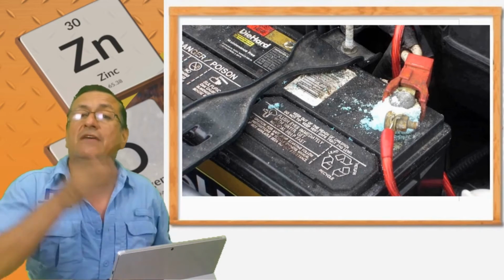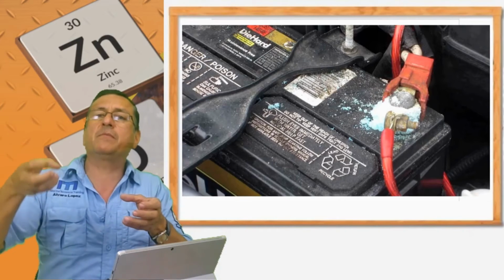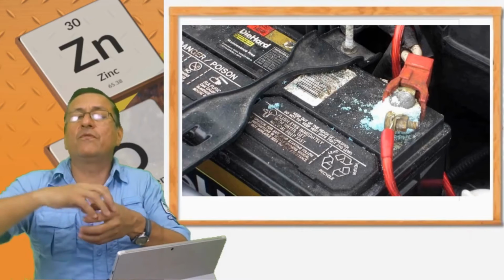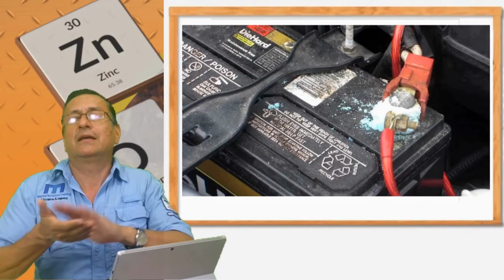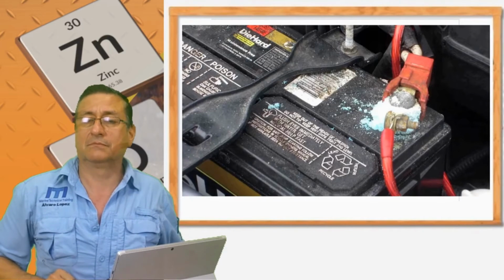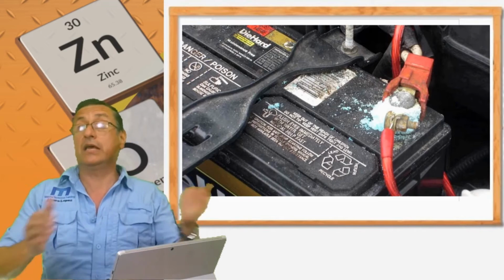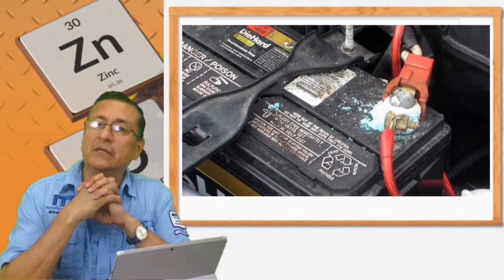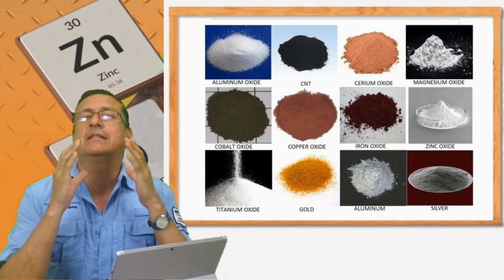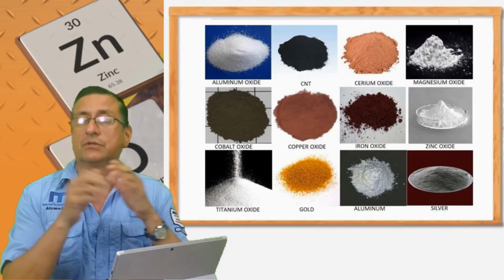For that reason, in the battery of your car, you need each year to remove the terminals and remove those oxides and put the metal in contact, metal with metal, because those oxides are perfect isolators and isolate the flow of electricity. Yes, my friends, the oxides of the metals are perfect isolators.